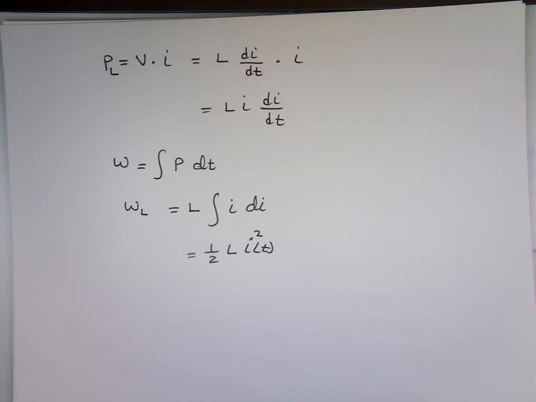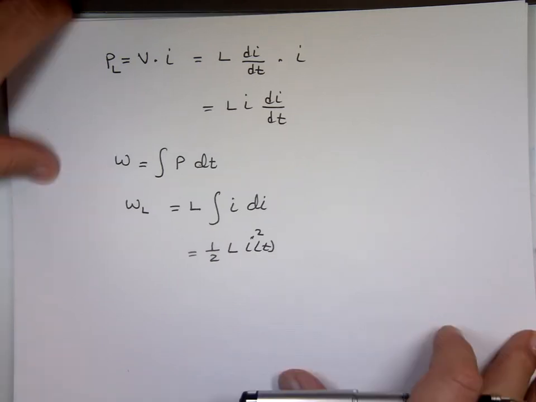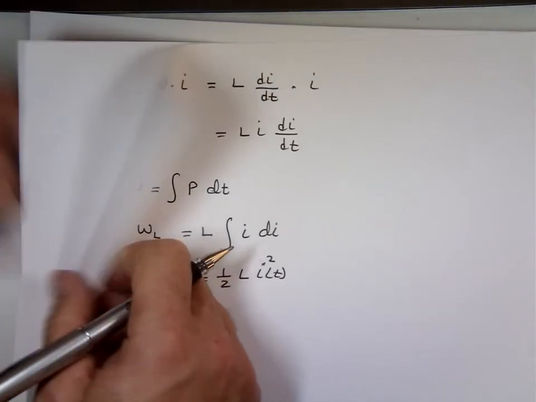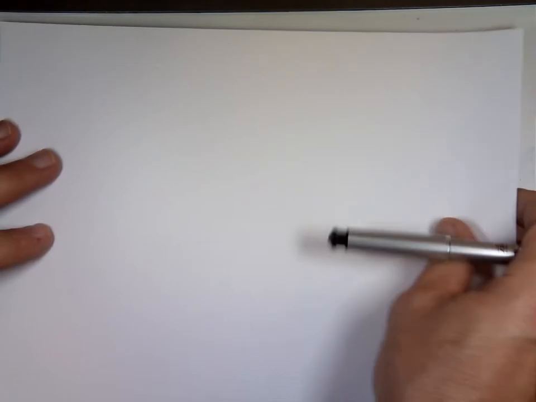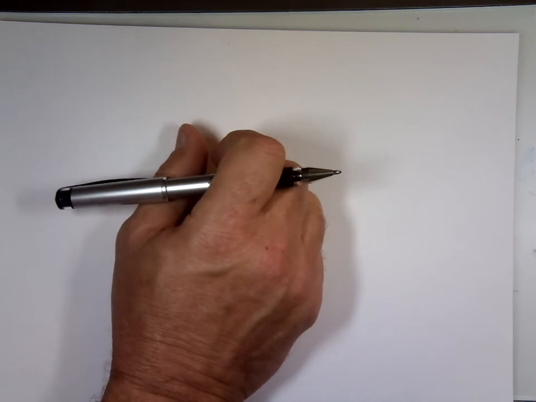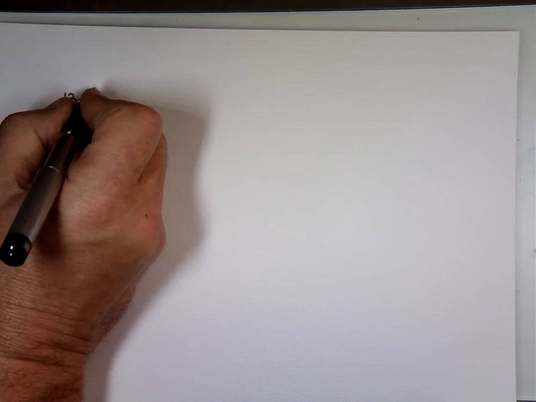An example quickly. We'll do more examples next class, but let's say we have 12 sine of pi t over 6.